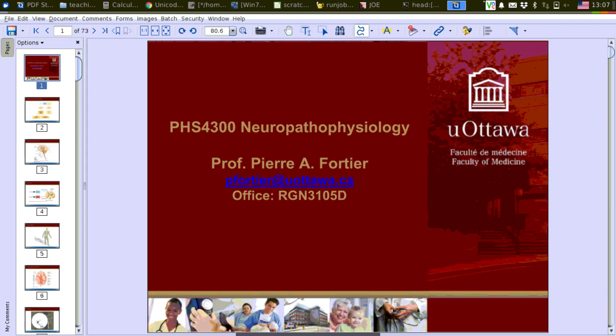For example, many of the slides have images with a lot of details, many more details than you need to know for the exam. So the notes under the image give you an idea of what parts of the image are important for you to understand.